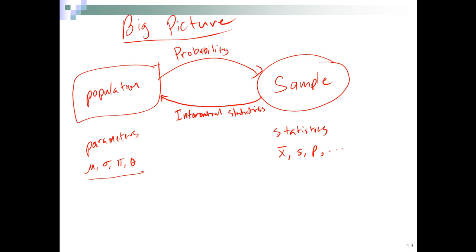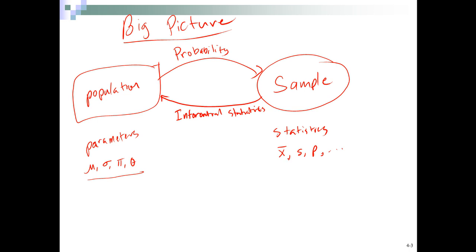So in this chapter we're going to look at these sample characteristics, things like x bar, which is the sample mean, the sample standard deviation, and proportion, and so forth. And that's going to allow us to set up the discussion of probability that we'll do in Chapter 5 next week.